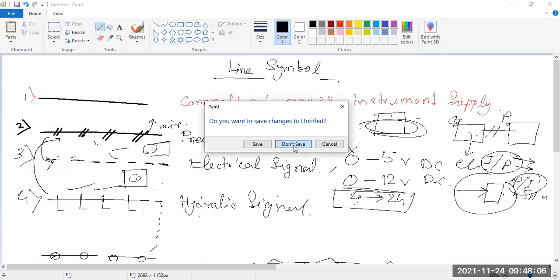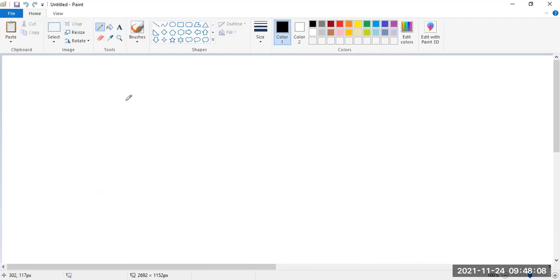There are two or three important symbols. First, when M is written, it is a rotary motor.